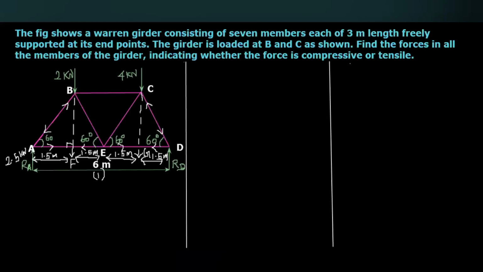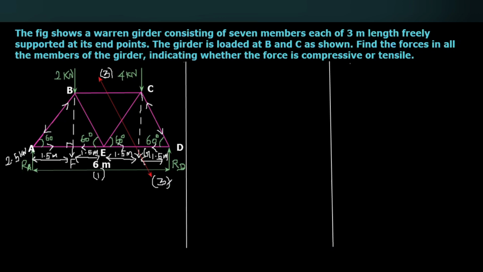Next, we are going to draw the section line 3 like this. Here, this section line 3 cuts the members BC, CE, and ED.